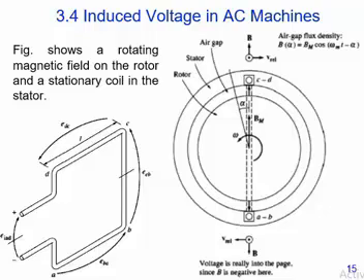Air gap flux density is equal to Bm, represented over here as the magnetic field, cos(omega t minus alpha).